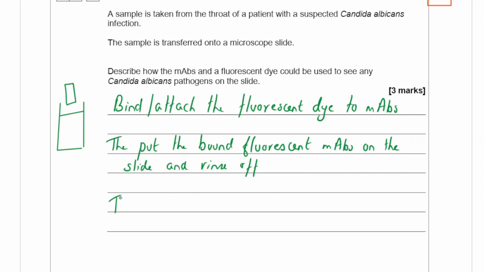The MABs will bind to Candida albicans and show under the microscope.